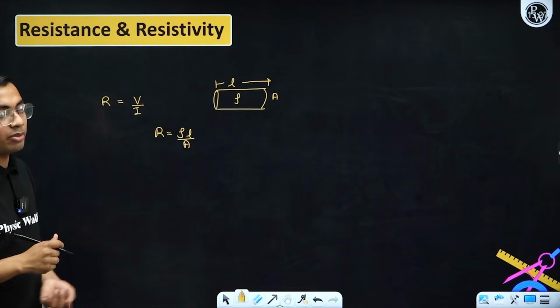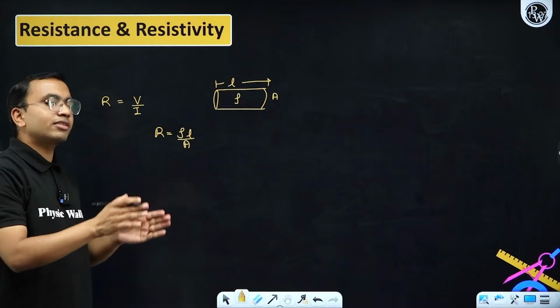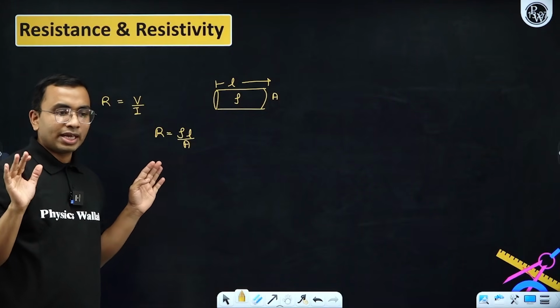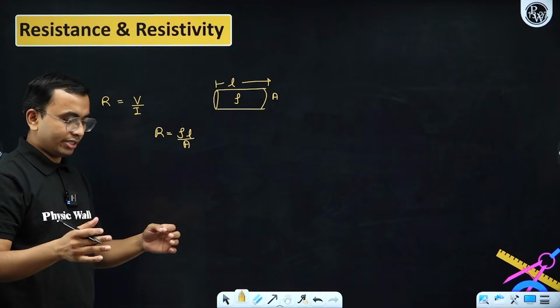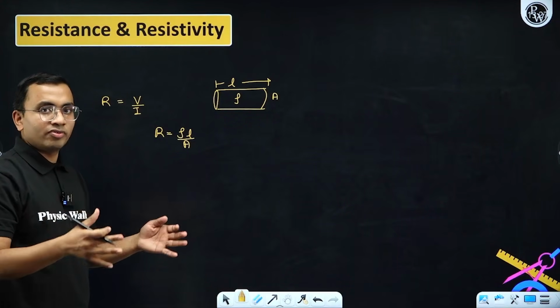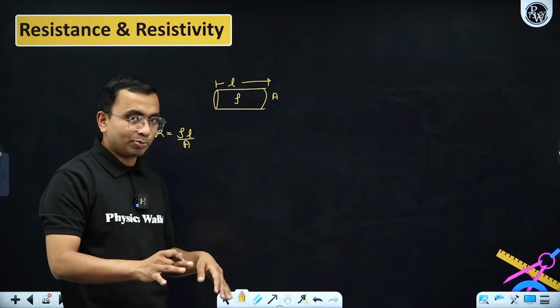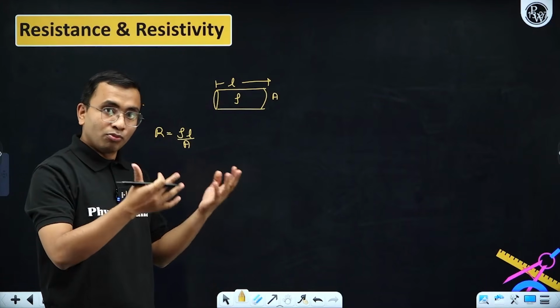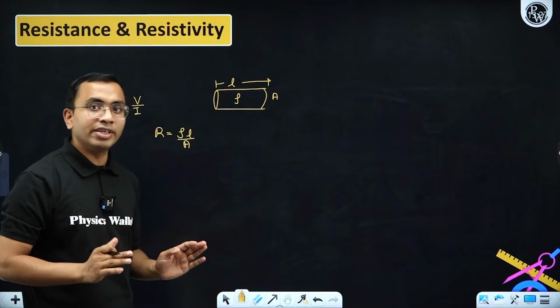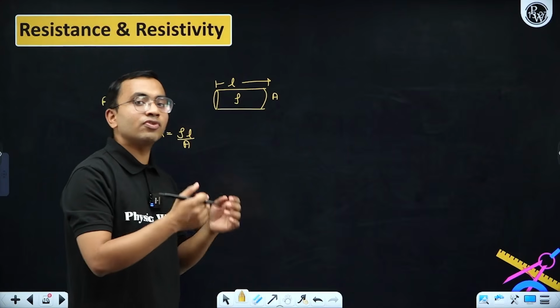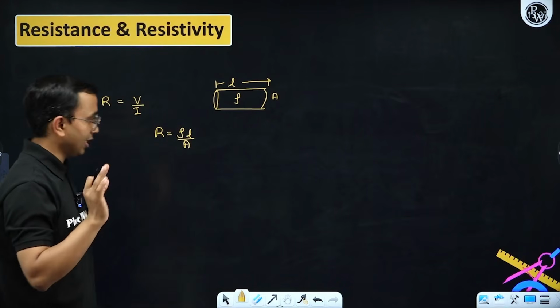What is resistivity basically? Resistivity is the property of the medium. It tells you how favorable or unfavorable the medium is for the flow of the electrons. Greater the resistivity, more resistance to the flow of the electrons. Lesser the resistivity, more favorable it is for the flow of the electrons through it, in simple words.